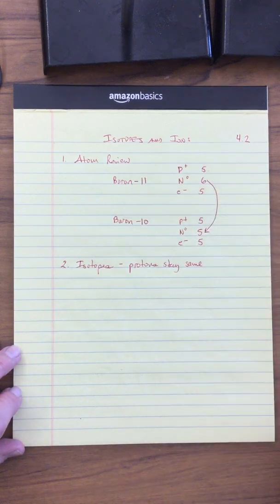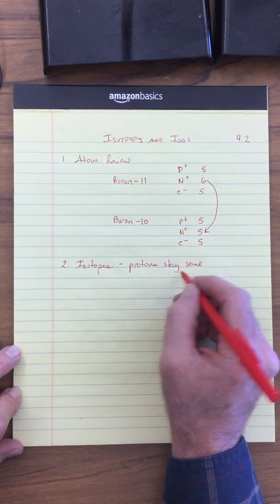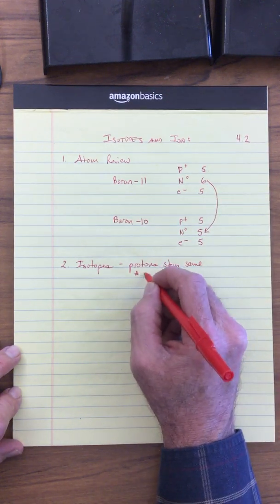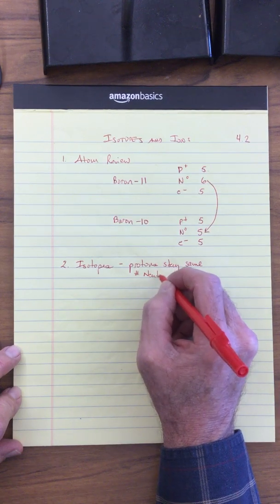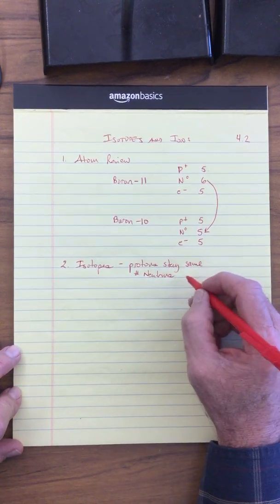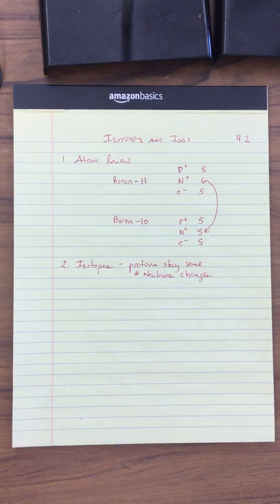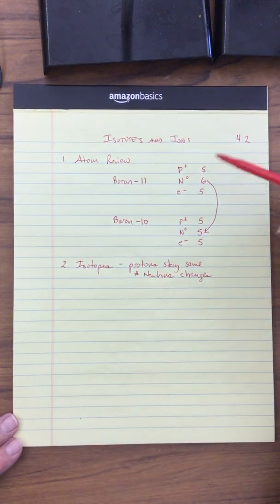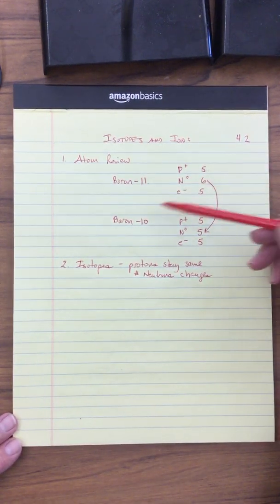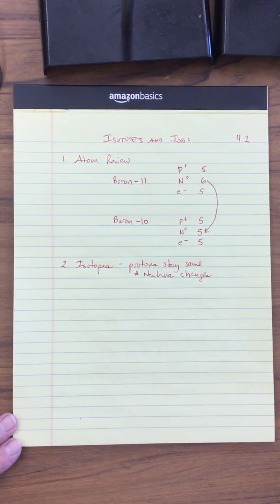However, the number of neutrons changes. Protons stay the same. The number of neutrons changes. The element itself is not changing. There are some elements in the universe that are boron 11, and there are some that are boron 10. That's how the universe was created.